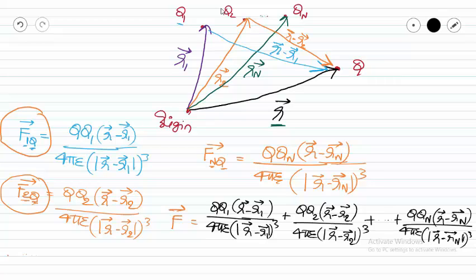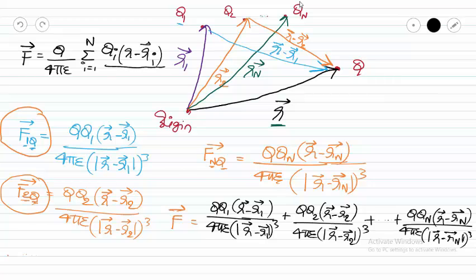So the force acting on Q due to n charges is given by F bar equal to Q by 4 pi epsilon, summation i equal to 1 to N, Qi in brackets r bar minus ri bar, divided by magnitude r bar minus ri bar whole cube.